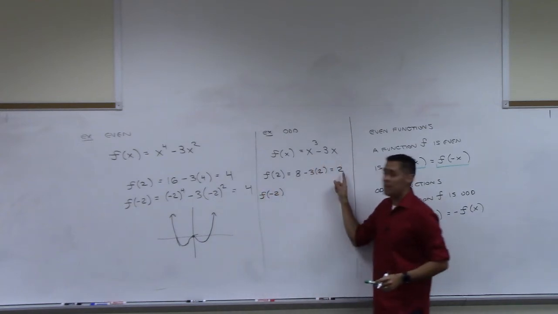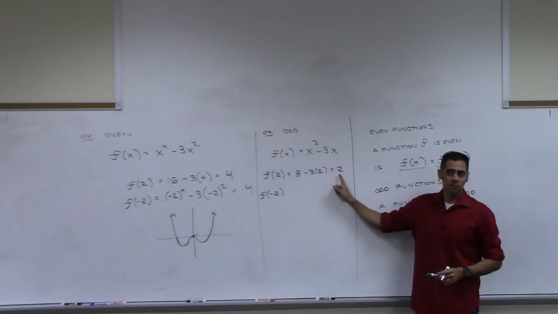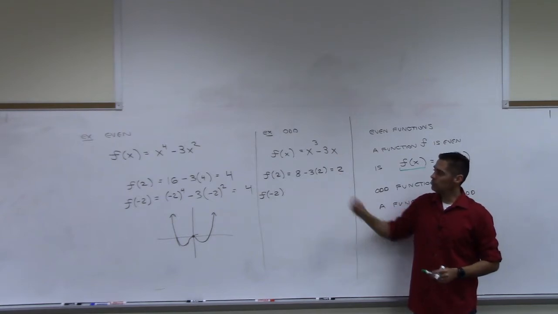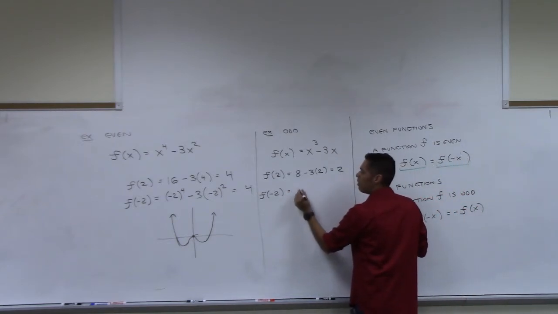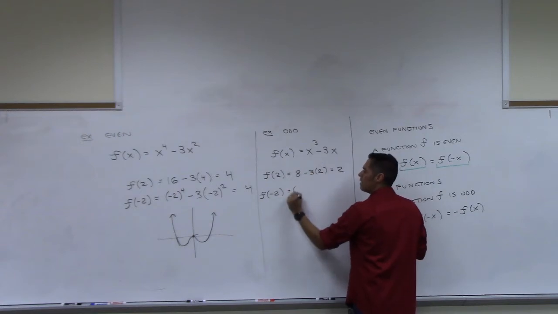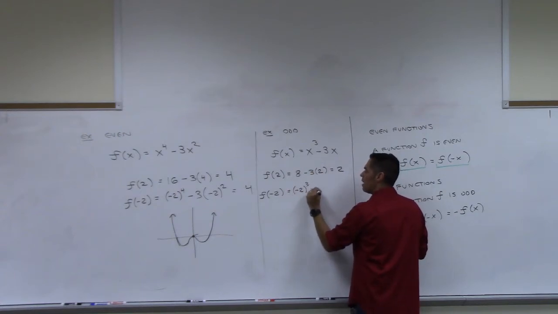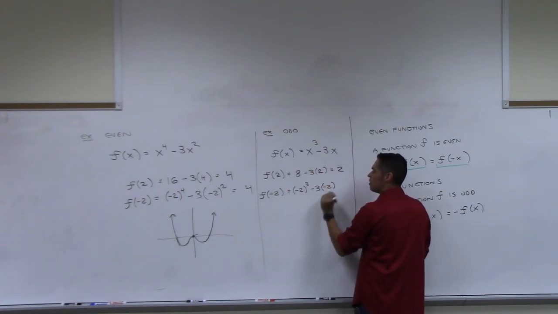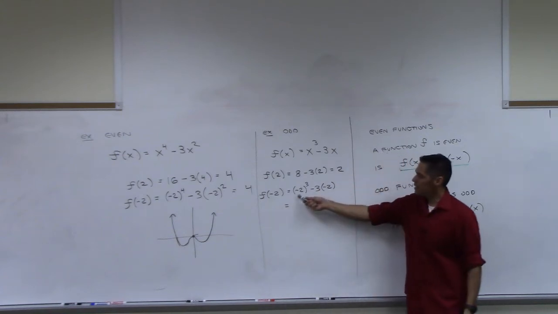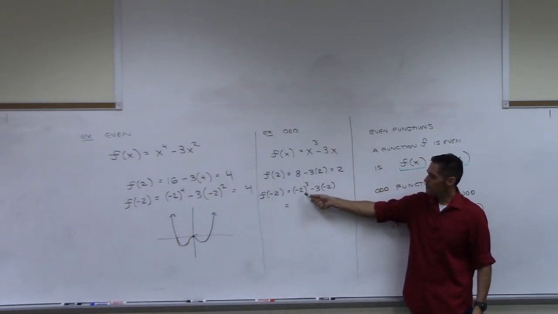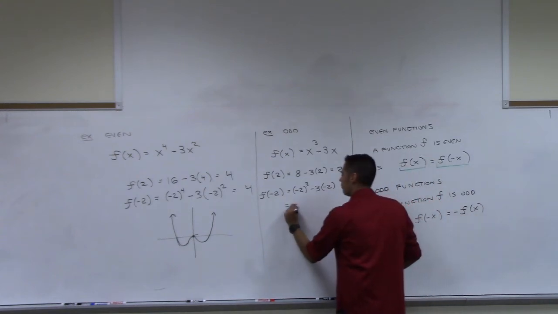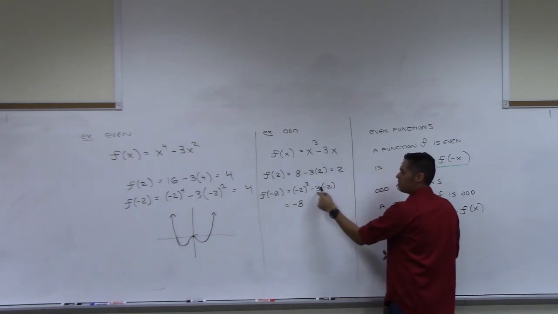Now let's try and plug in negative 2. Do you think we're going to get the same answer? Let's see. If we plug in negative 2, we do negative 2 cubed minus 3 times negative 2. So let's be careful with our signs here. What's negative 2 cubed? Negative 8. And then what's this?